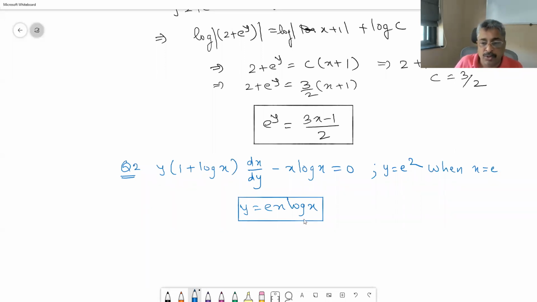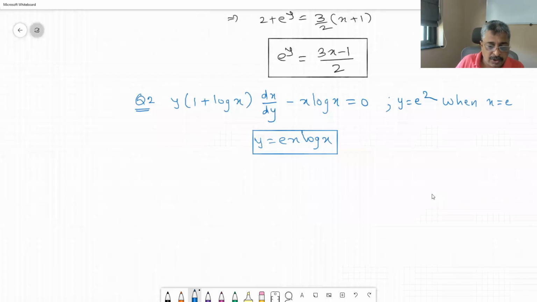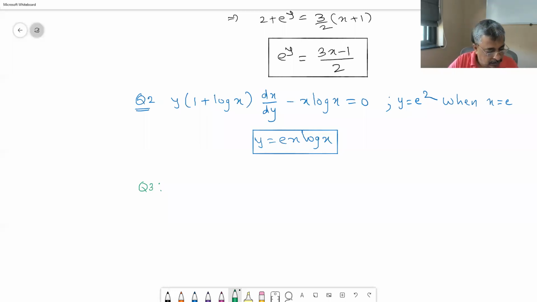Let me know if you want me to solve it, but otherwise, question 3: cos dy by dx is equal to small a, where a belongs to real numbers and y of 0 is equal to 2.